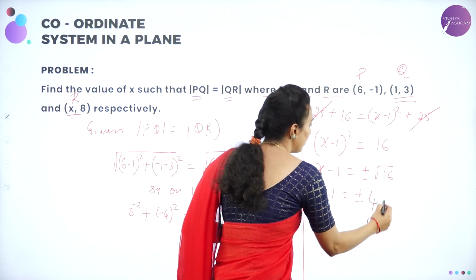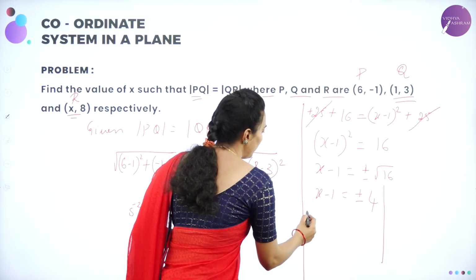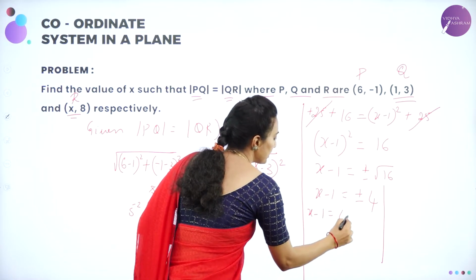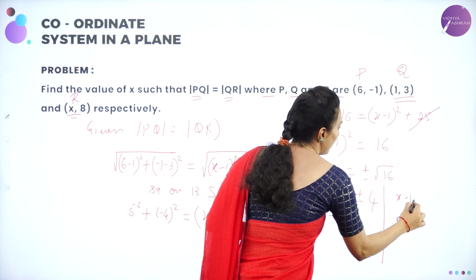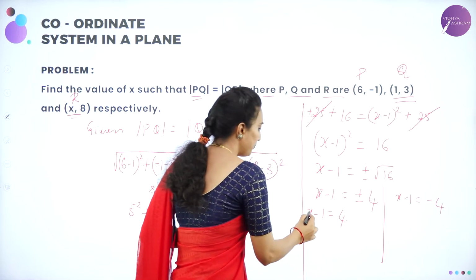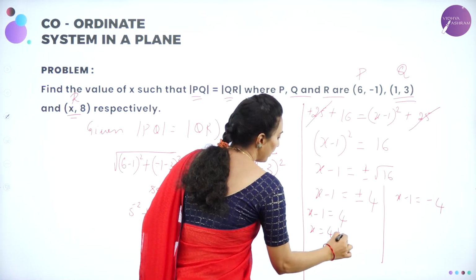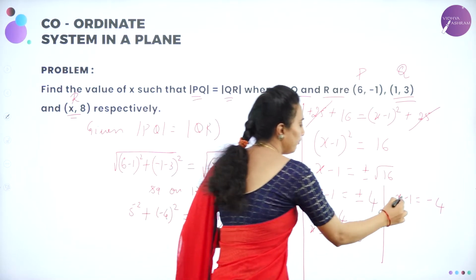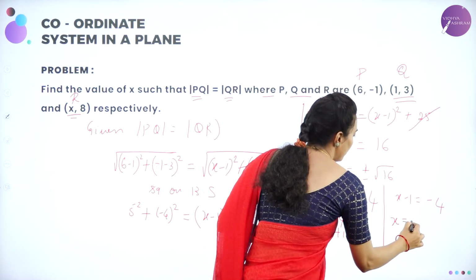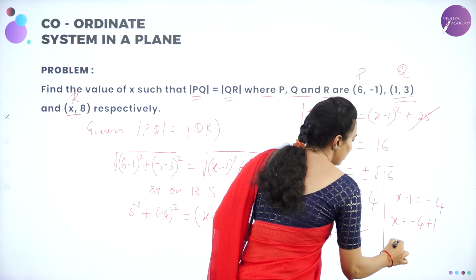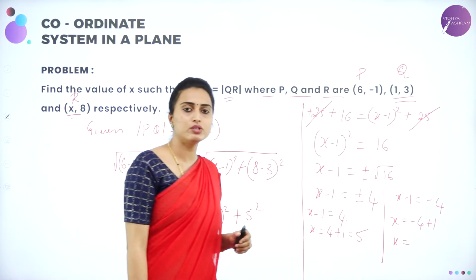Let x minus 1 equal to plus 4 and x minus 1 equal to minus 4. So x, if we take it to that side, will be equal to 4 plus 1, which is equal to 5. And x is equal to minus 4 plus 1, so it is minus 3.